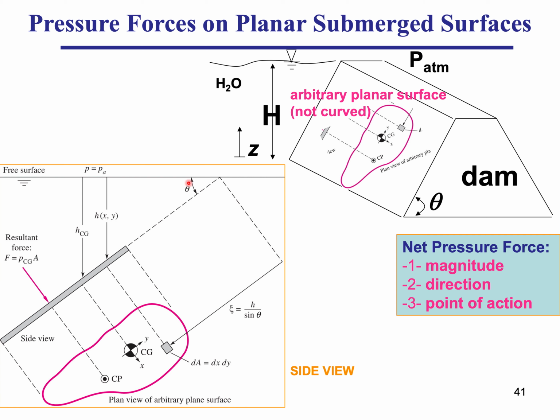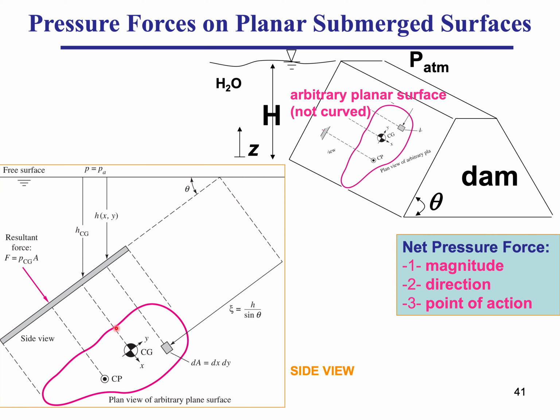The plate is inclined at an angle theta. Then we're going to take an elemental area dA, which is dx dy. Now if you look at it in the side view, that elemental area is submerged under a liquid of height h of x and y. And then we're just going to integrate that over the whole surface.